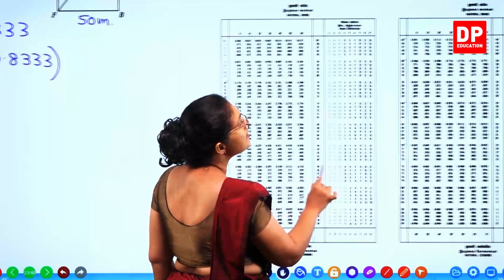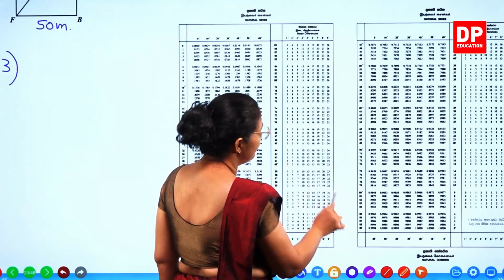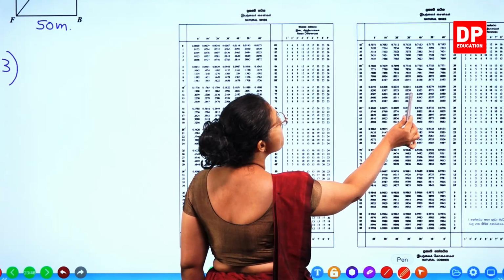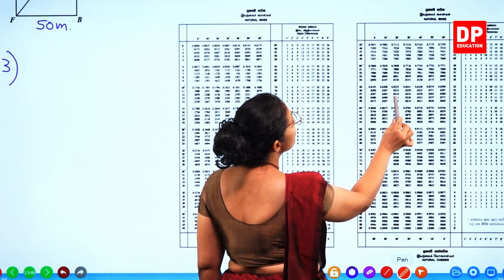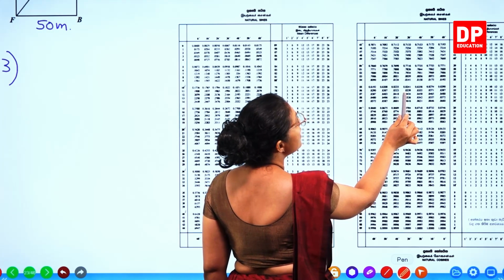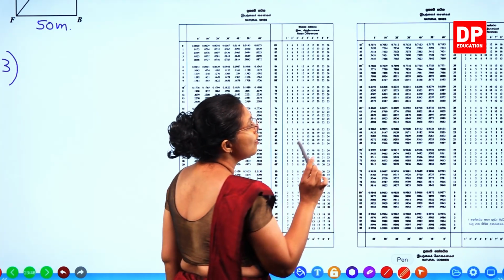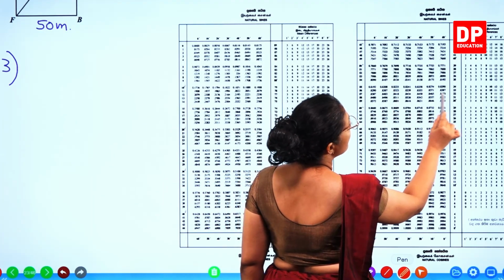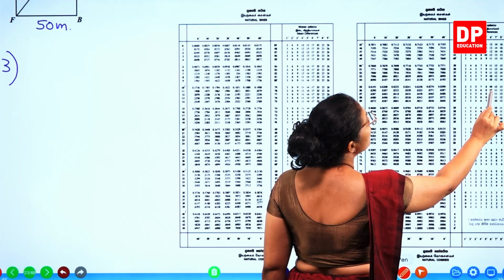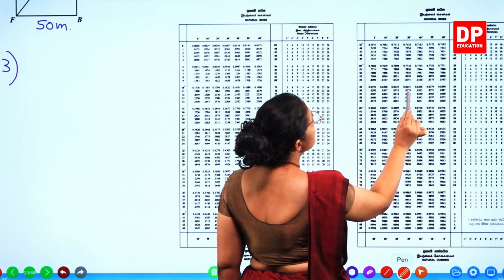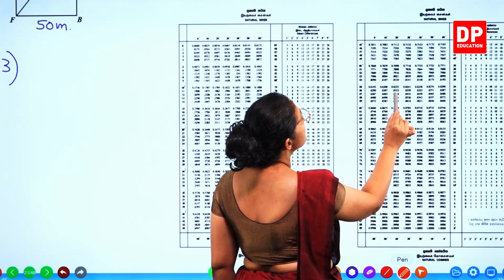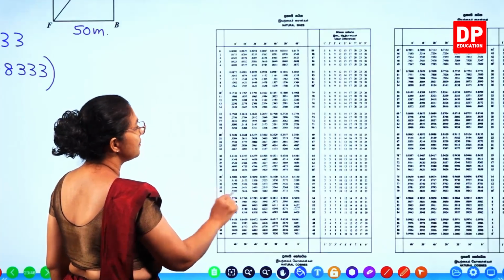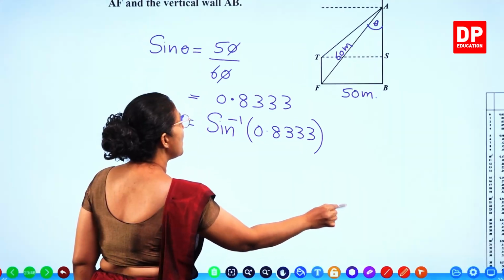So that's in the second table. 8333. 8339 is there, but here 8323 is there. So we need another 10. We can refer here. So that's 6. So what's the value? 56 and 26 is the sine inverse value.